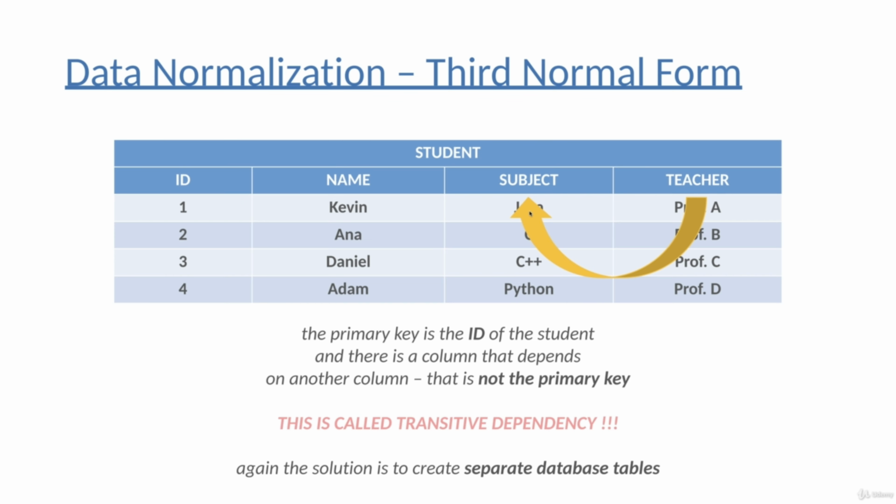So there is a dependency between two columns of the database table that's not the primary key.